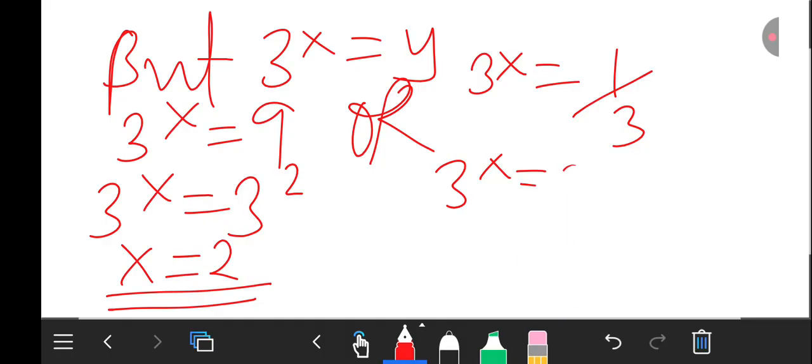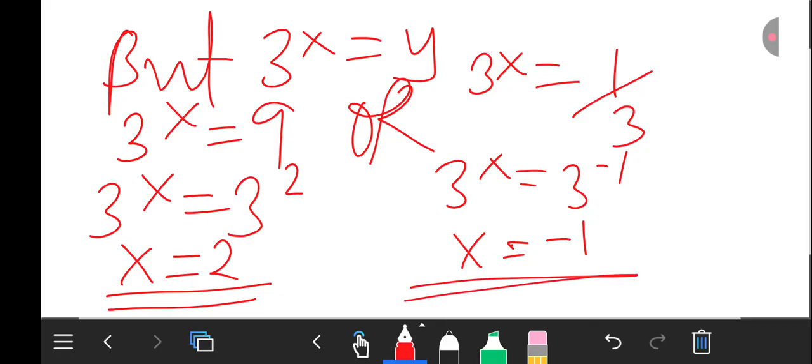So this will be equal to 3 to the power negative 1. When the bases are the same, so should the power be. So even the powers, x is equal to what? Negative 1. So this is the second solution we have. Basically, this is how you can apply the laws of indices in solving exponential equations. Thank you for watching.